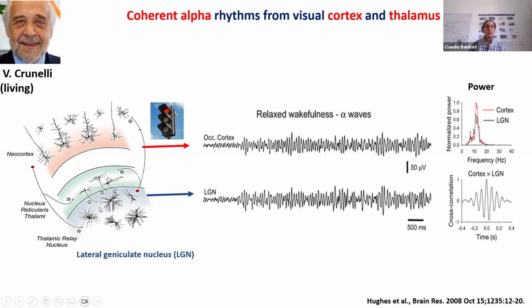And in blue, the thalamic relay nucleus of lateral geniculate nucleus, which is the visual sensory thalamic nucleus. And you see that there are some connections from pyramidal neurons, and the axons target the neurons in the nucleus reticularis thalami, and also the thalamic neurons in the visual relay nucleus of the thalamus.